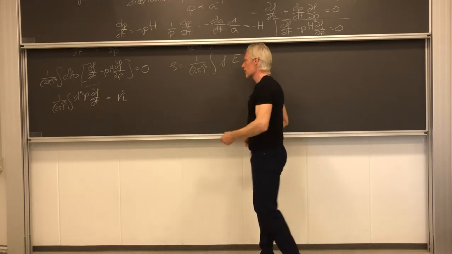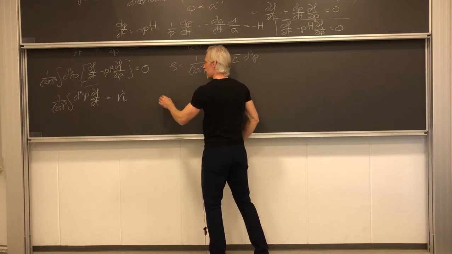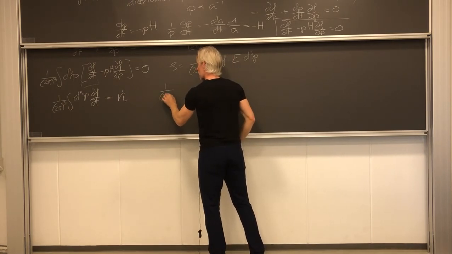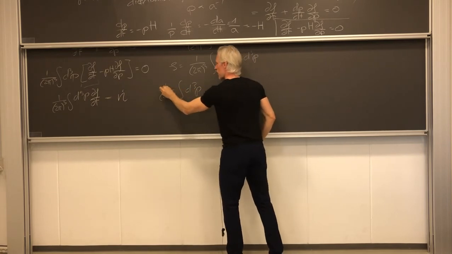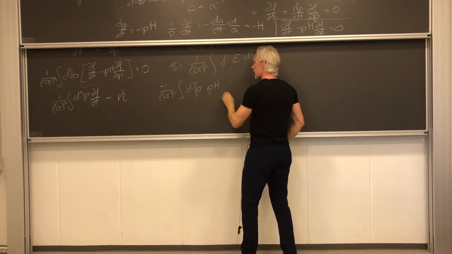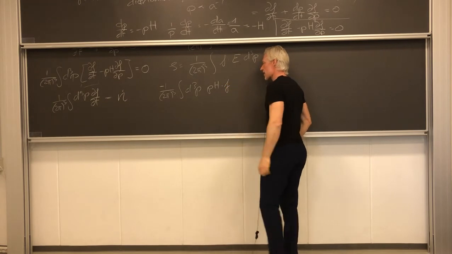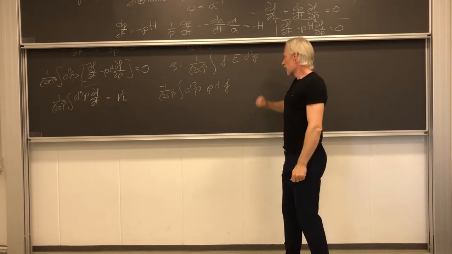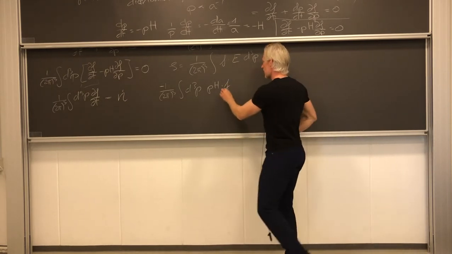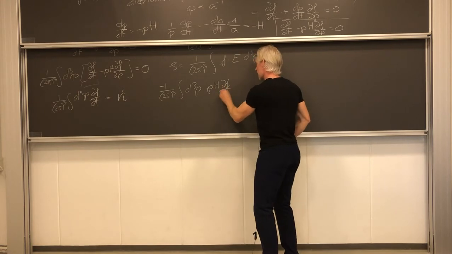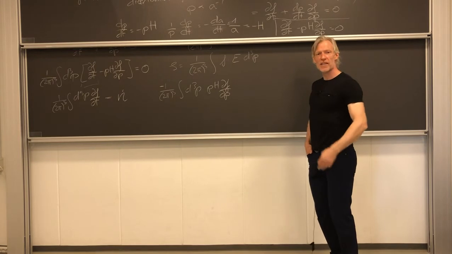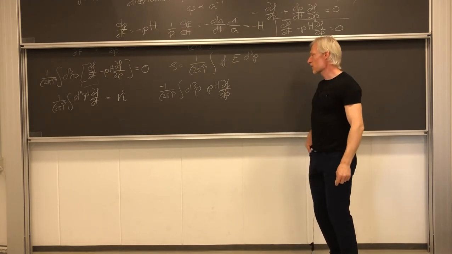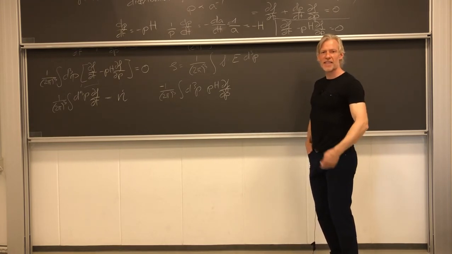Now the other one is slightly more complicated. So that's a term that looks like this. And then we should have a minus, and then p times H times the distribution function, times, of course, this quantity here. Okay, so that looks like something we can do using integration by parts.